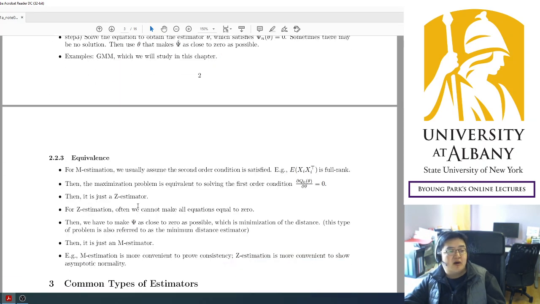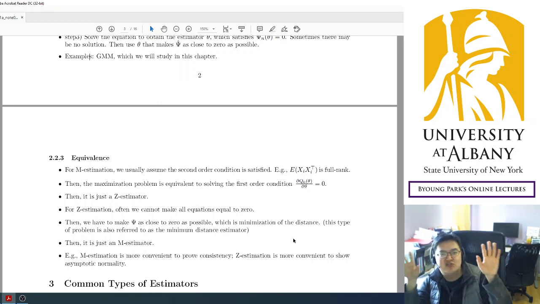Okay, so it's just a conceptual division. I just want to give you the intuition, the basic principles, but in practice it's not that important. And also what's interesting here is, as I said, in most cases you may choose whether you use M estimation or Z estimation.